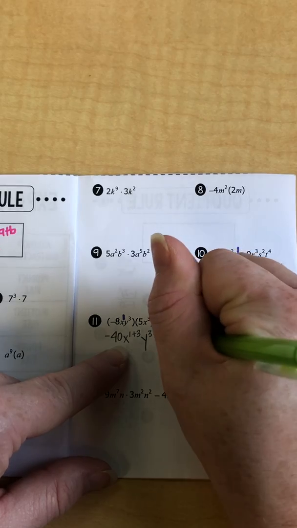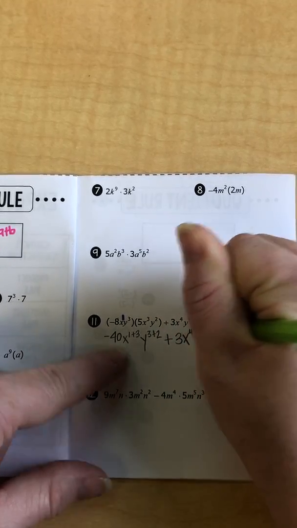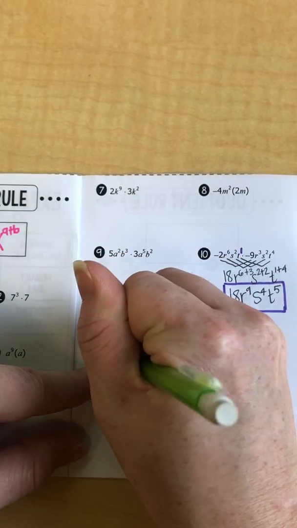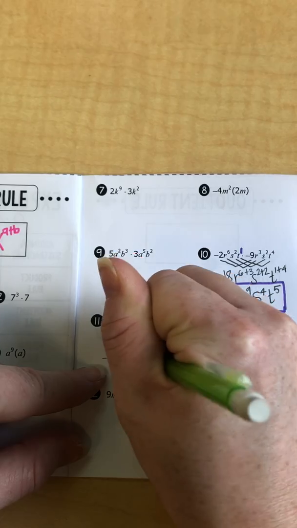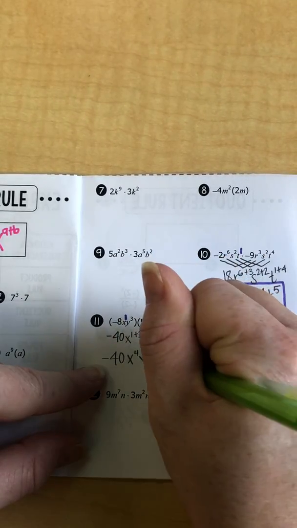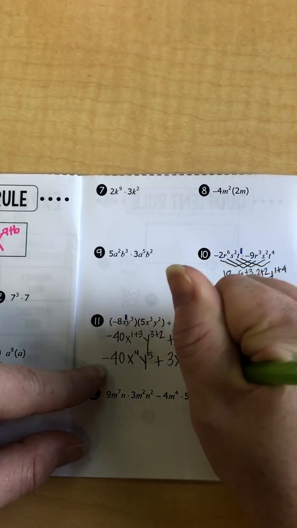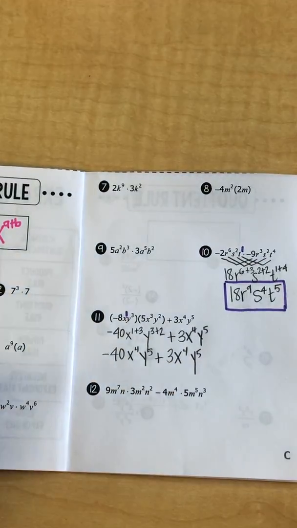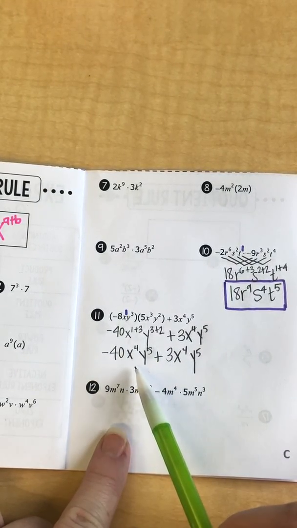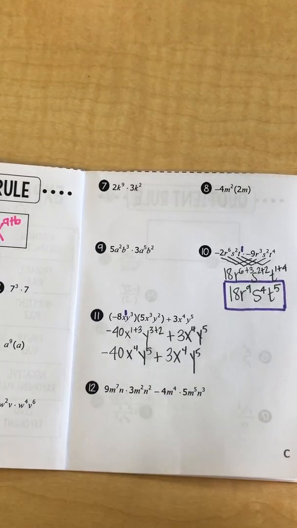And then out here in the back, I still have this 3x to the 4th, y to the 5th power. All right, so right now I have -40 x to the 4th, y to the 5th power, plus 3x to the 4th, y to the 5th power. So I've gotten this first part simplified. I need to check and see if I can even add these two together.